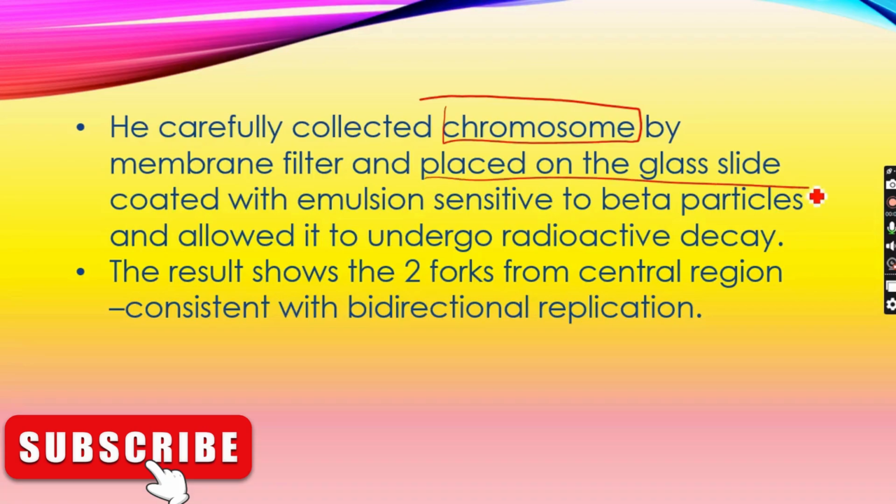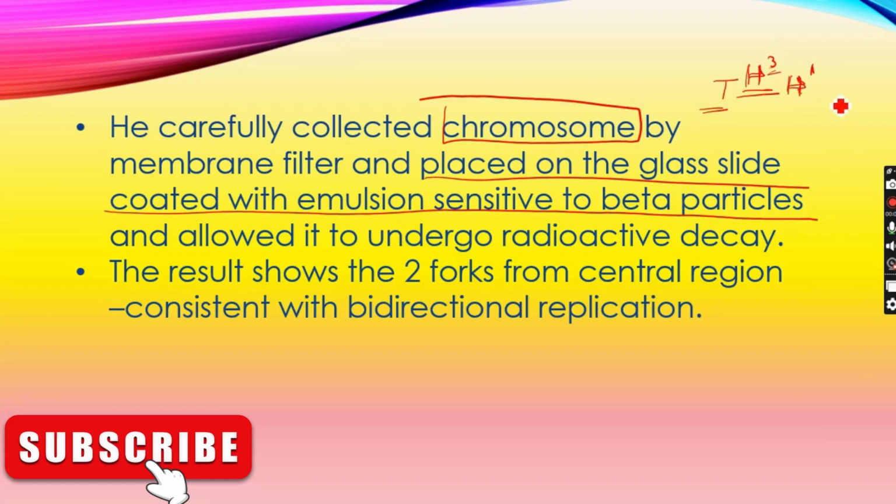These chromosomes are then placed on a glass slide coated with an emulsion sensitive to beta particles, which means tritium is labeled in the thymidine. Tritium is a heavy hydrogen: normal hydrogen has a mass number of 1, whereas tritium is 3.